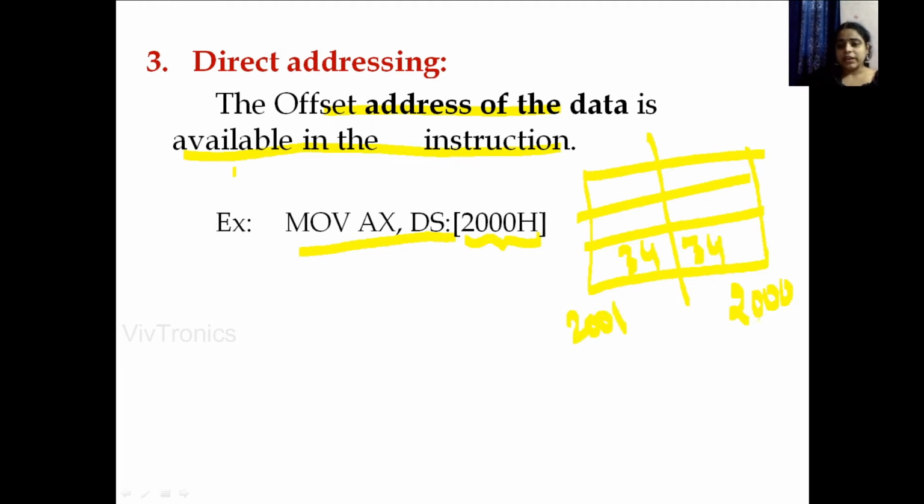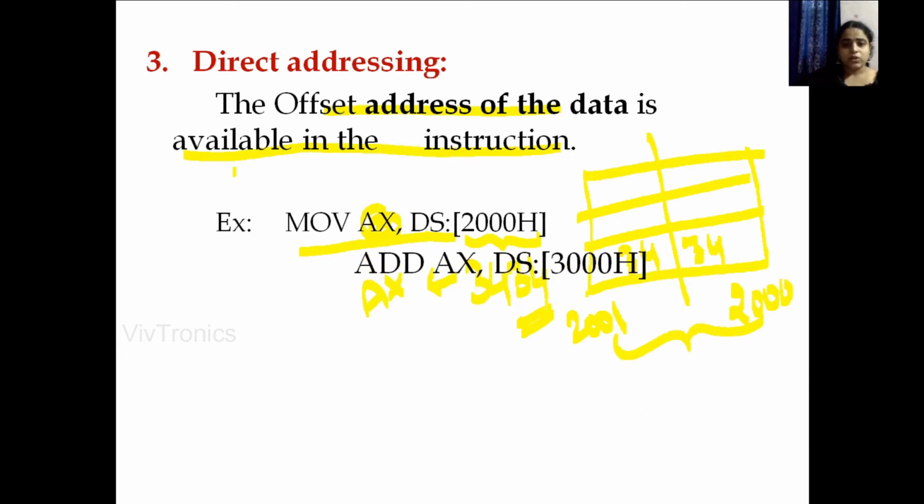Since AX is a 16-bit register, it automatically accesses the 2 values. 3434 is copied to the AX register. So after execution of this instruction, the AX register holds the data 34 and 34. This is direct addressing mode: directly we can access from the memory.